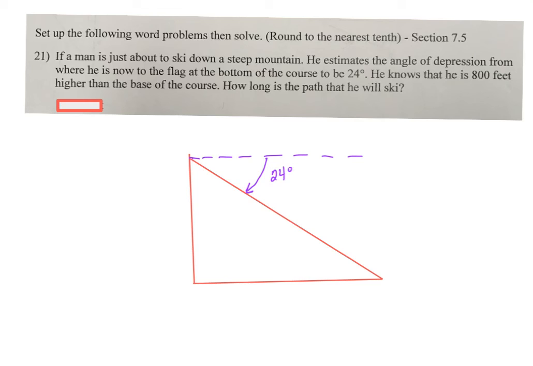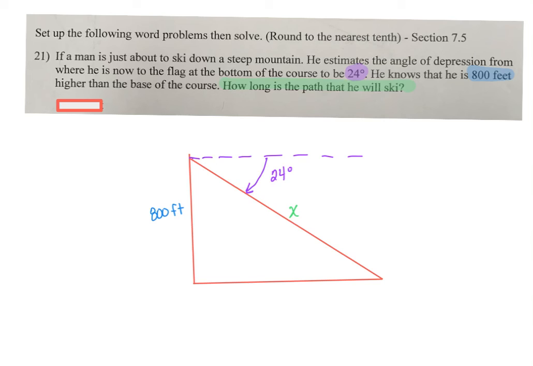So that would cover that angle of depression. And then 800 feet above the base of that slope, that means he is 800 feet in the air. How long is the path that he will ski? That will be the slope itself. So we are going to be solving for the slope itself.